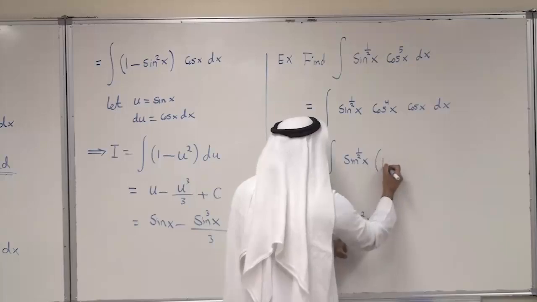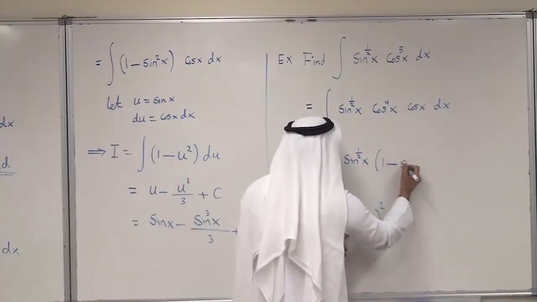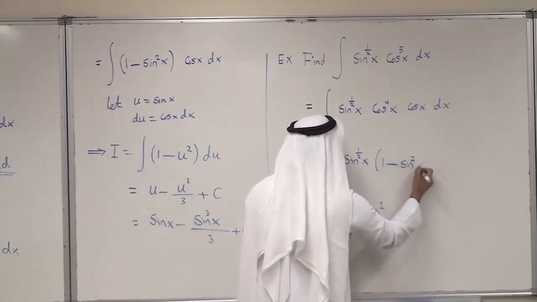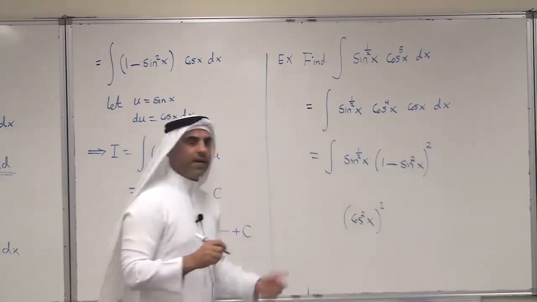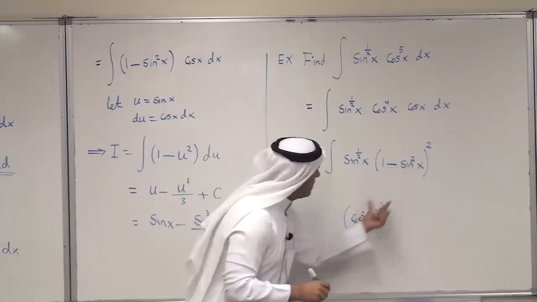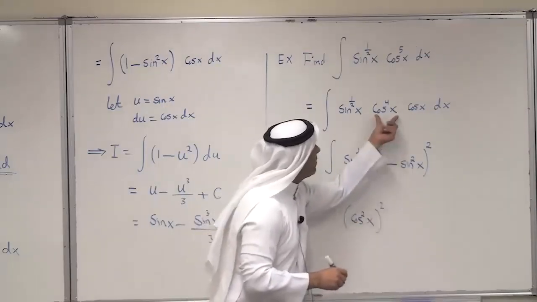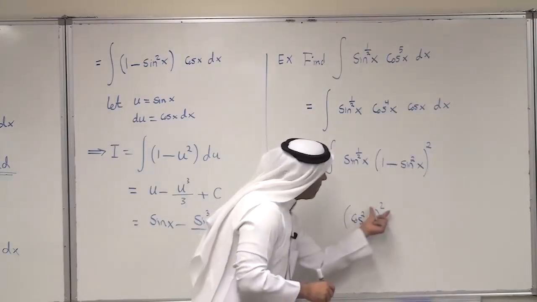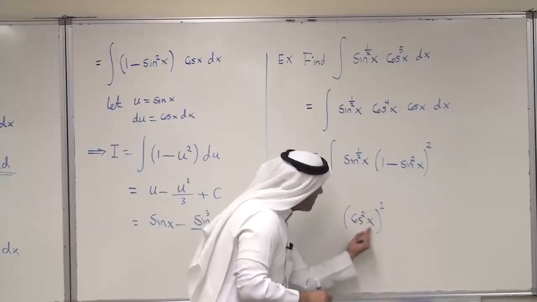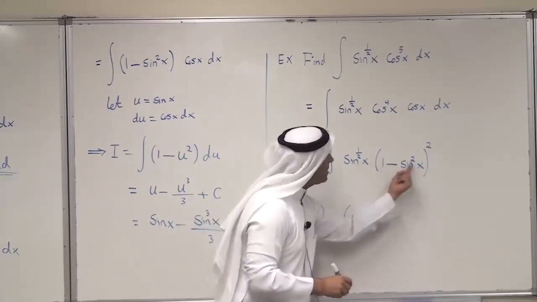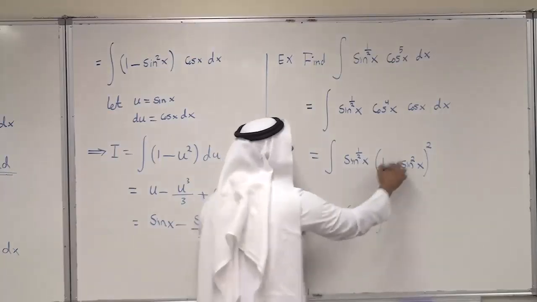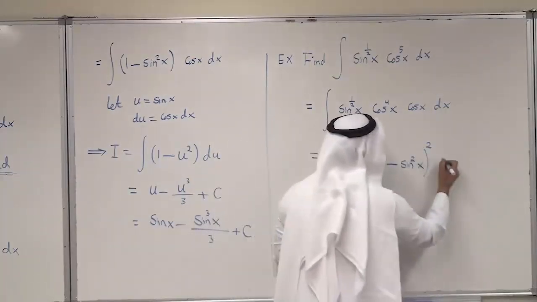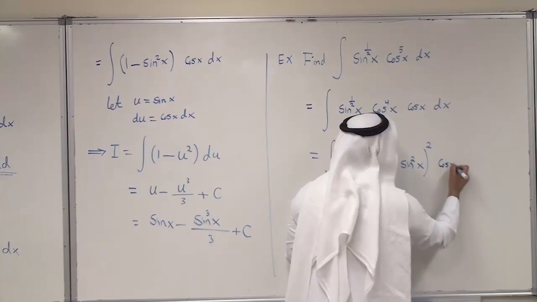It is 1 minus sine squared of x, all squared, to get cosine to the power 4. Again, 1 minus sine squared is cosine squared. Cosine to the power 4 is cosine squared all squared. I'm replacing cosine squared by 1 minus sine squared, all squared, of course multiplied by cosine of x dx.